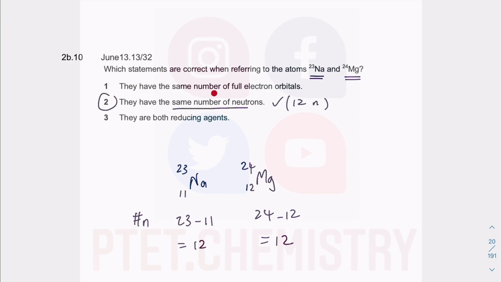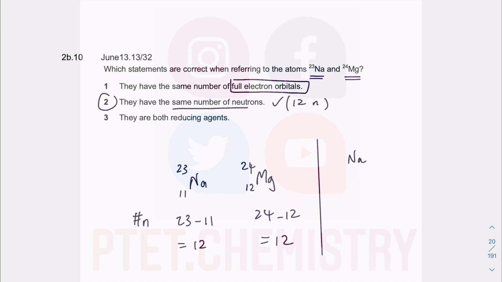They have the same number of full electron orbitals. So this is asking about electronic configuration, right? The number of neutrons does not matter here, because neutrons reside in the nucleus. We are looking specifically at the number of electrons.